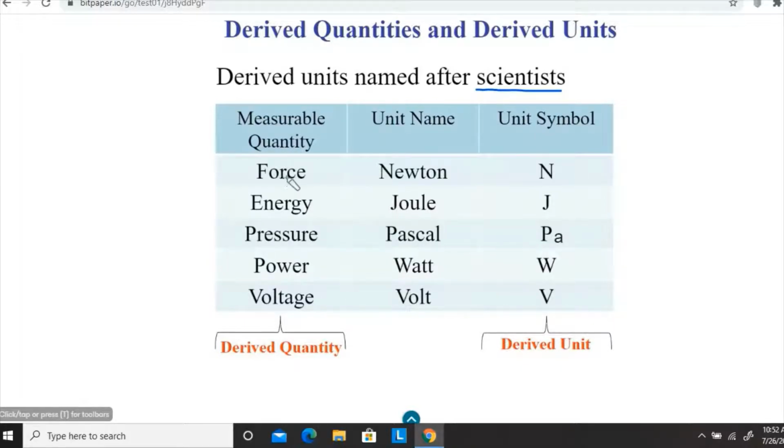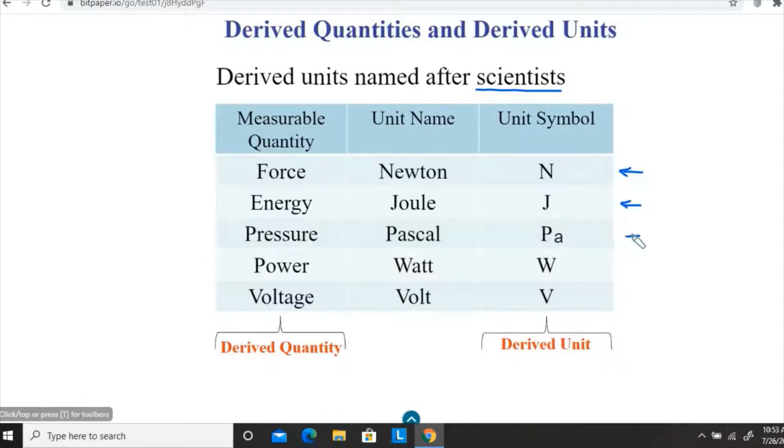For example, force is a measurable quantity that we are going to discuss very frequently in this course, and the unit name is newtons. The SI unit is newtons and it's denoted by this symbol, uppercase N. Energy is measured in joules and this is the SI unit symbol for that. Pressure is measured in Pascal.